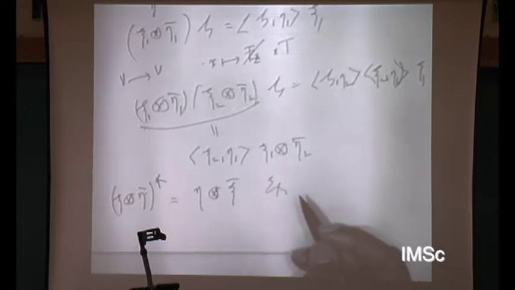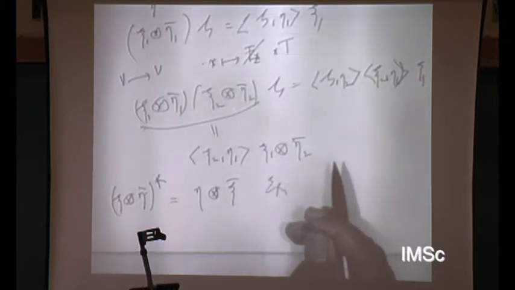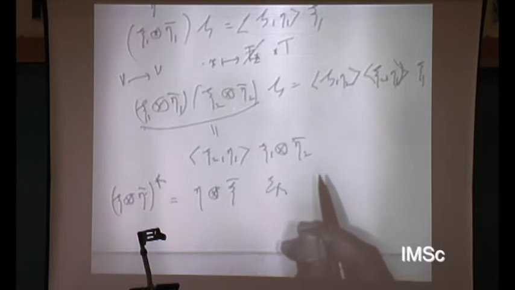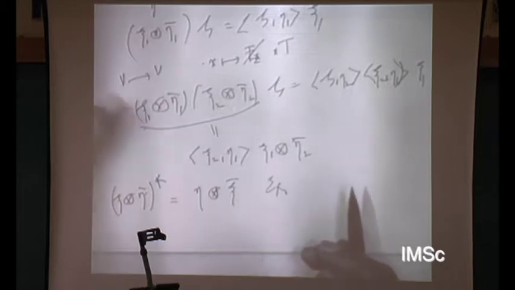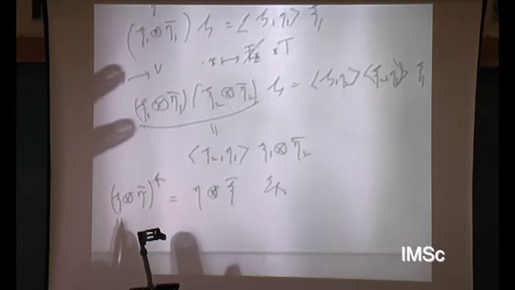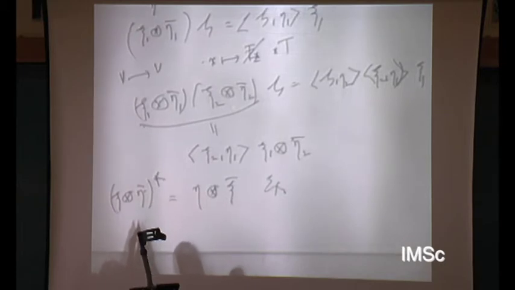Just sit down and verify this. If you take this zeta inner product some zeta prime, or do it the other way, then you will get the two things. So the adjoint is obtained by flipping the two.